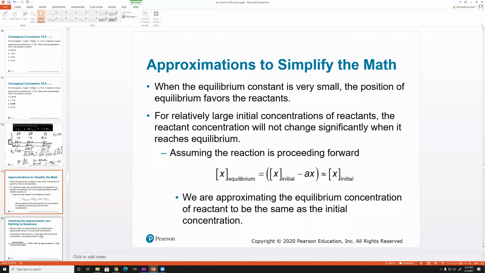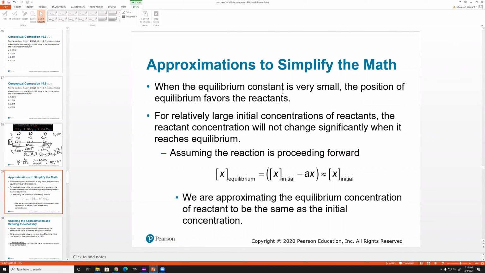So then there's other examples with that. We can approximate if we have a large initial concentration and a small equilibrium constant, meaning the reaction is heavily favored towards the reactants, a lot less than 1.